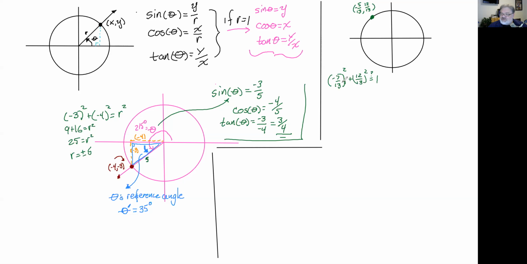So if we wanted to test that, then 25/169ths plus 144/169ths had better equal 1. And indeed, it's 169/169ths, which is indeed going to equal 1.